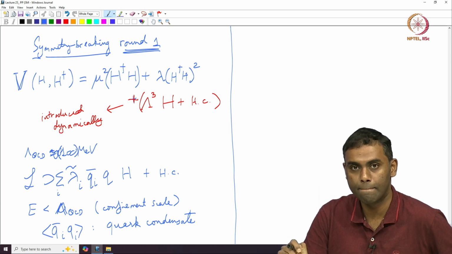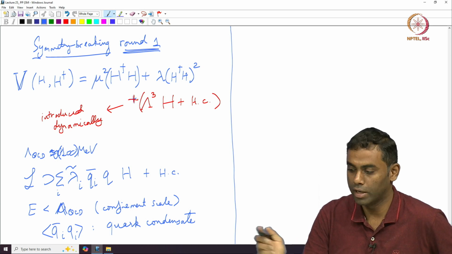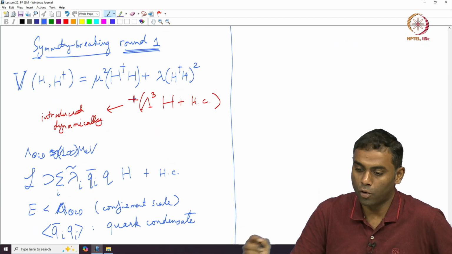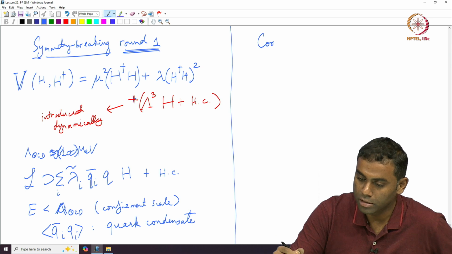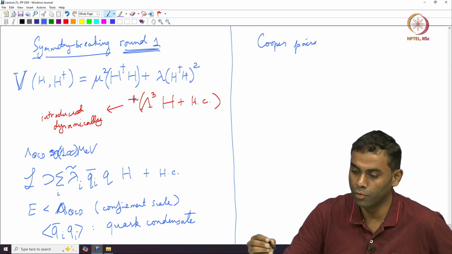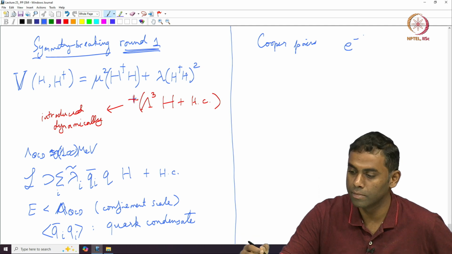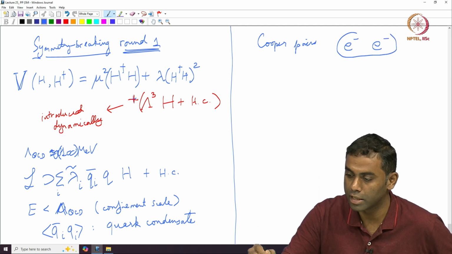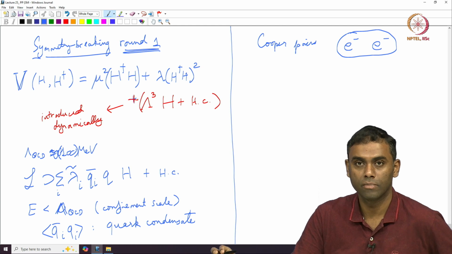How does that happen, right? Or take superfluid helium, what happens there? You form Cooper pairs, correct, where two electrons pair up into something like a bound state, right.